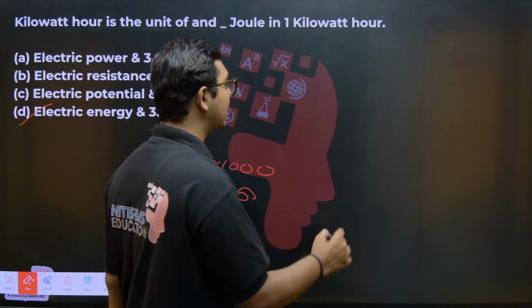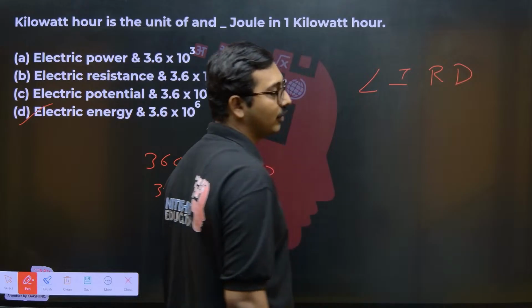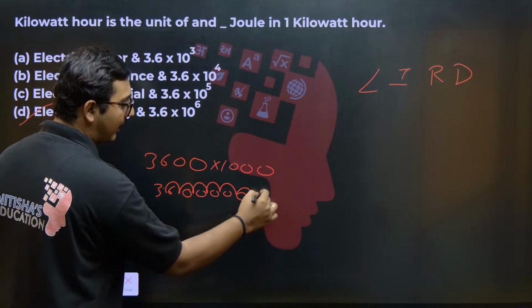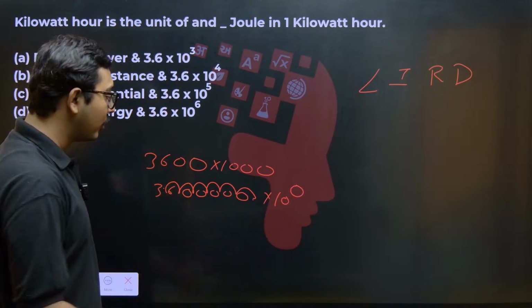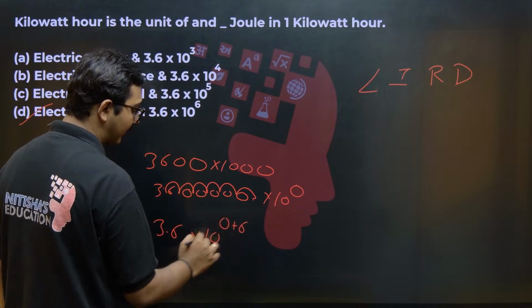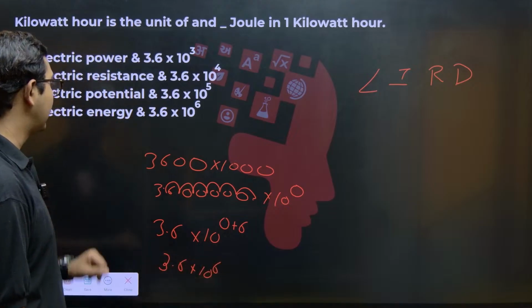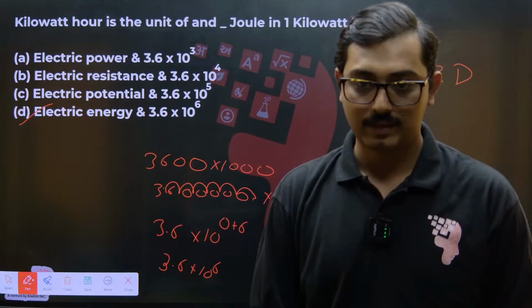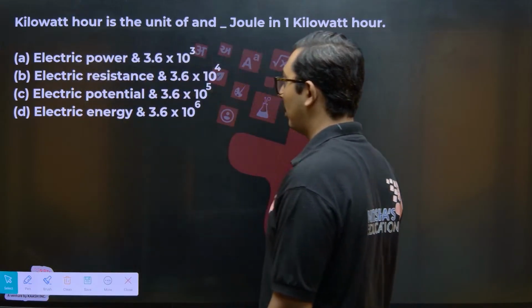Always remember this formula: left increase, right decrease. As we are going to the left-hand side, the left-hand side is going to increase. So 3.6 multiplied by 10 to the power 0 plus 6, ultimately 3.6 into 10 to the power 6. Hence the electric energy is 3.6 into 10 to the power 6.